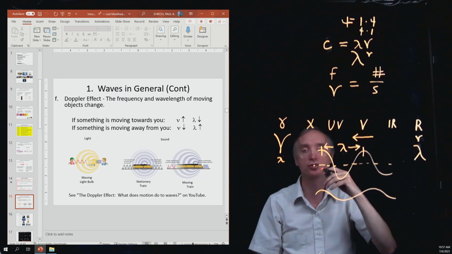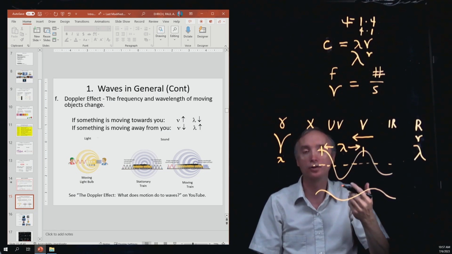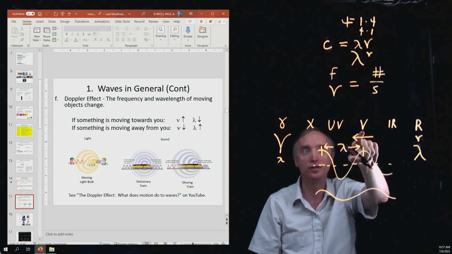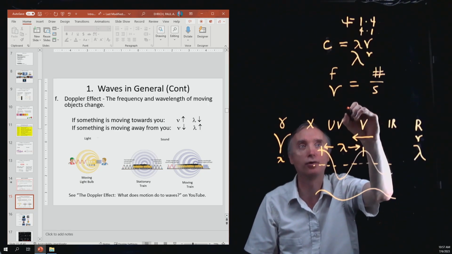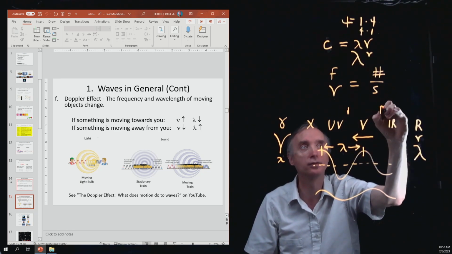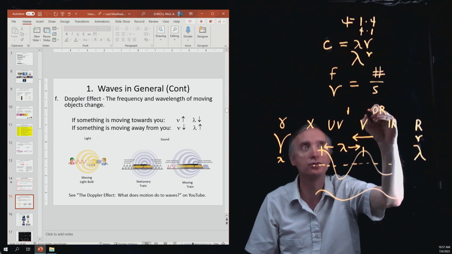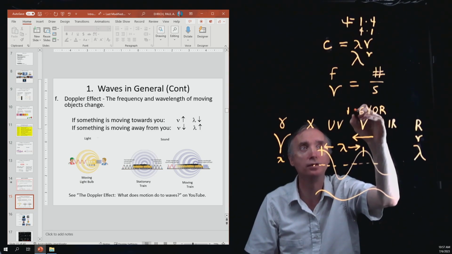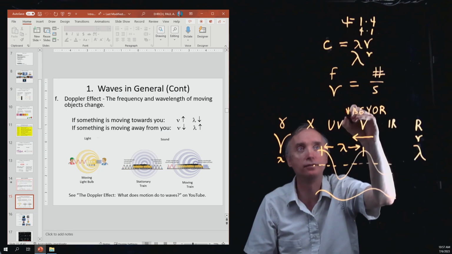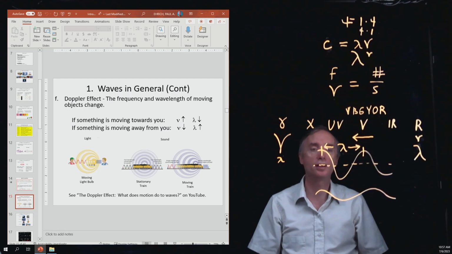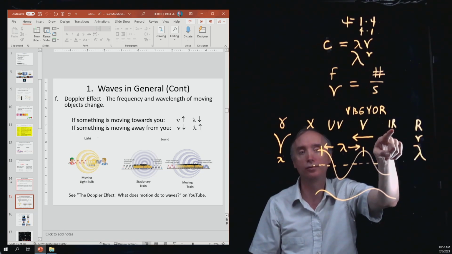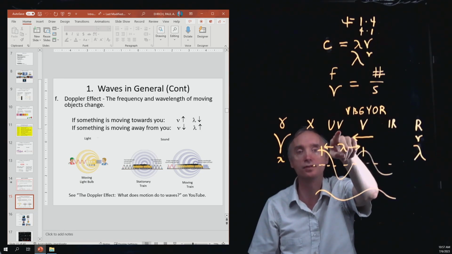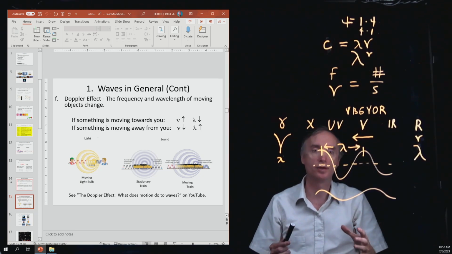Now in terms of color, we're going to talk about red shift and blue shift. Visible light is ROY G. BIV. So you've got red over here, then orange, yellow, green, blue, and violet. Those are the colors of light. Notice that I put the red next to the infrared and the violet next to the ultraviolet, so that's how you remember.